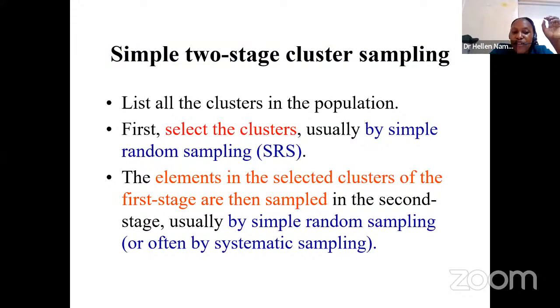In case you first select the clusters by simple random sampling, and then you select again within the clusters the second time, picking the various elements that you want to include within your sample size, we refer to that as simple 2-stage cluster sampling.